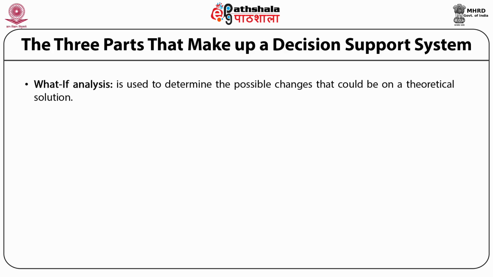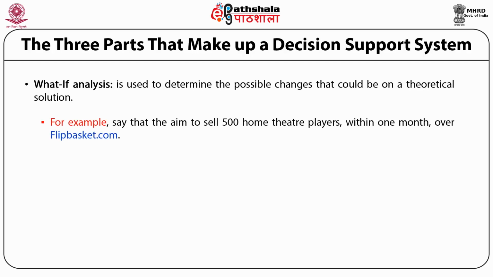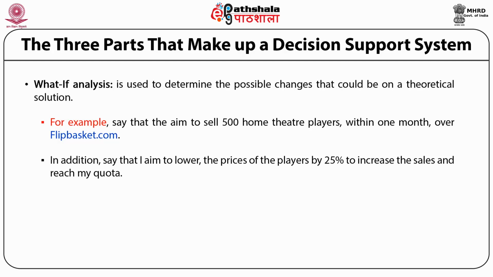What if analysis? It is used to determine the possible changes that could be on a theoretical solution. For example, the aim is to sell 500 home theater players within a month over Flip Basket. In addition, say that I aim to lower the prices of the players by 25% to increase the sales and reach my quota.